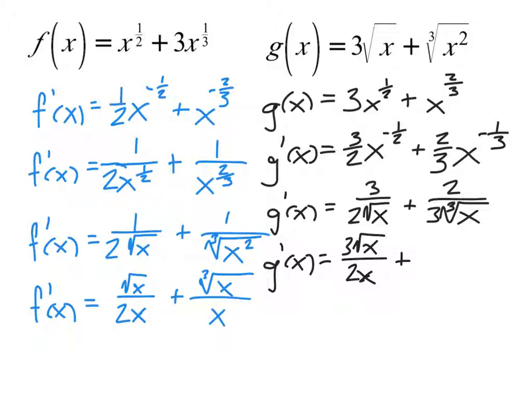It does not give me x on the bottom. I actually have to multiply top and bottom by the cube root of x squared. Because if I multiply that cube root of x on the bottom by the cube root of x squared, it gives me just x. And so for the full rationalizing the denominator work, that's what we end up getting.